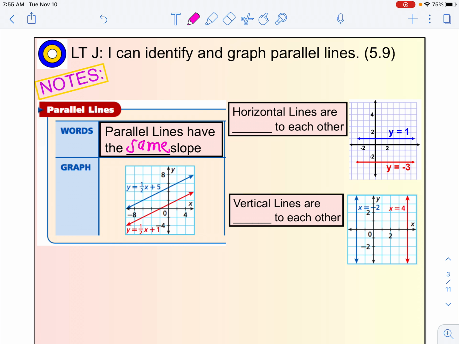Horizontal lines, like y equals 1 and y equals -3, both have a slope of 0, so they are going to be parallel to each other. And vertical lines, the slope for both is undefined, so they also will be parallel to each other.